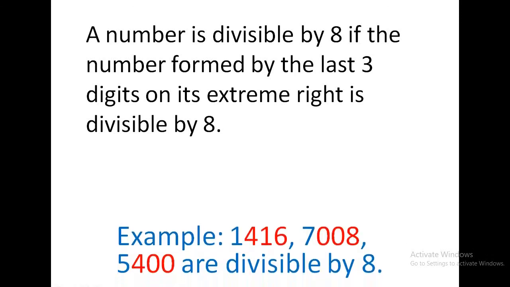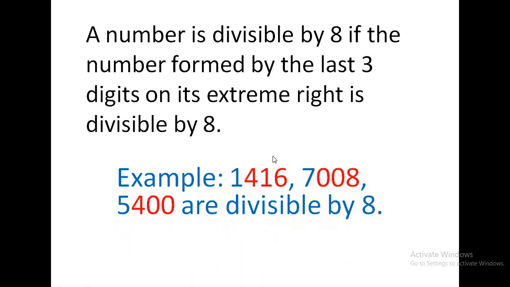Let us take an example. 1416, the last three digits on the extreme right is 416, and 416 is divisible by 8. Hence 1416 is also divisible by 8. Same way, children, 7008 is the number, last three digits 008, and that is divisible by 8. So 7008 is also divisible by 8.